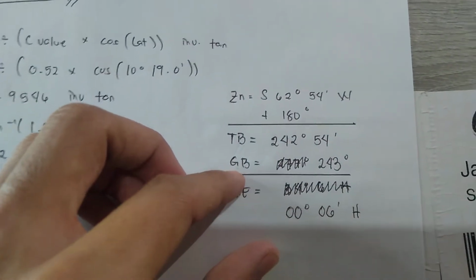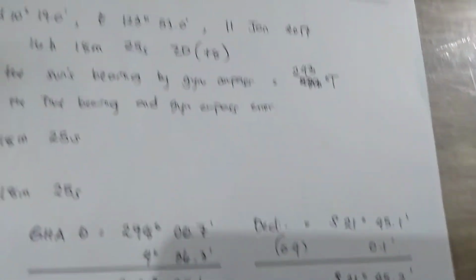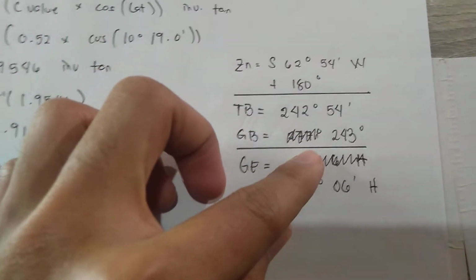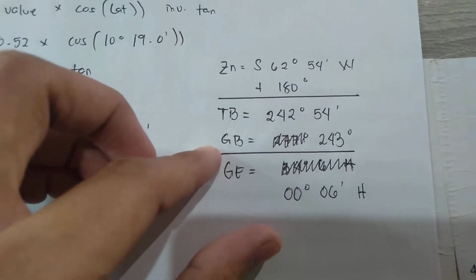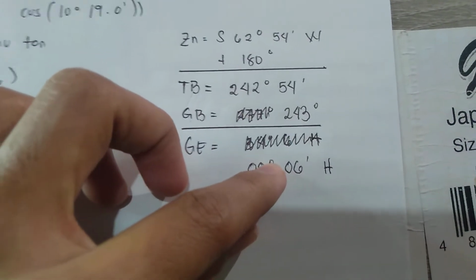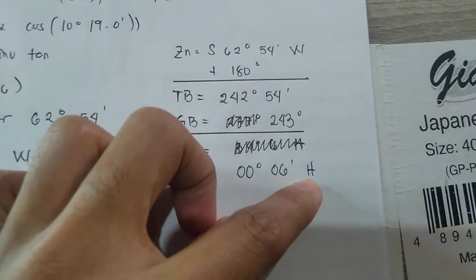For the gyro bearing, we have an observation of 243 degrees, and subtracting to get the gyro error, that is 00 degrees 06 minutes high.